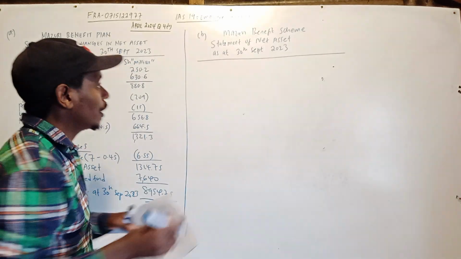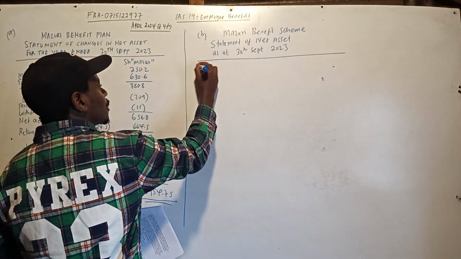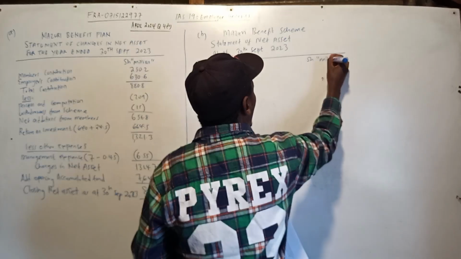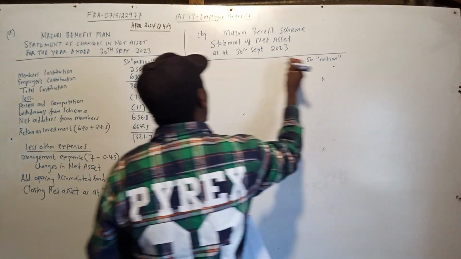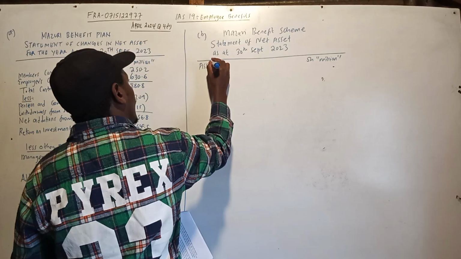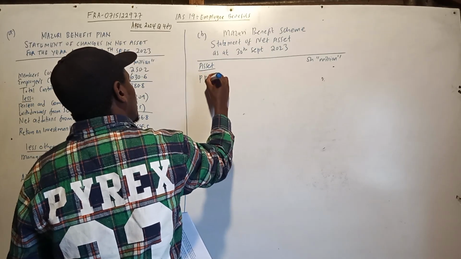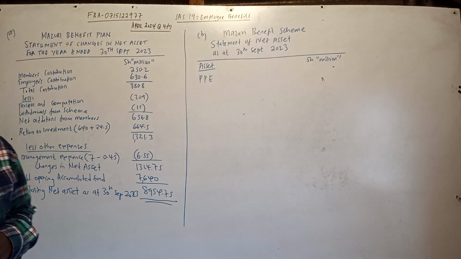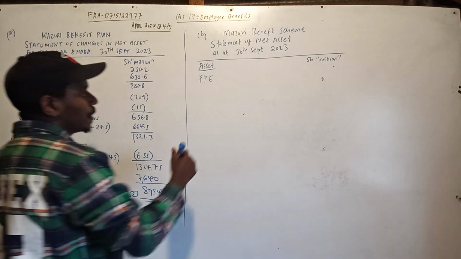Now we start with the PPE, property, plant and equipment. Remember our amount is in million. So we start with our assets. Our PPE is 800 from the question, 800 million.